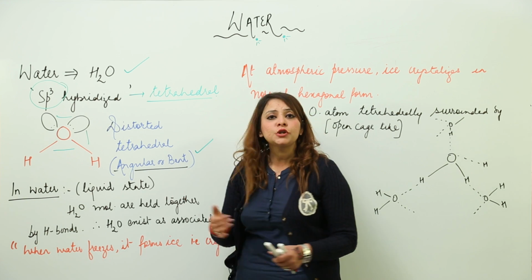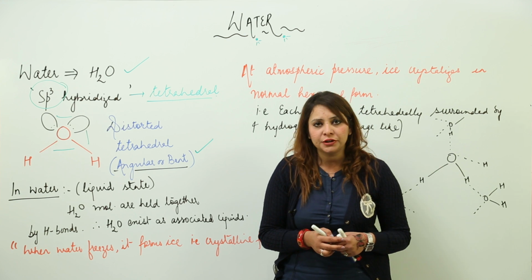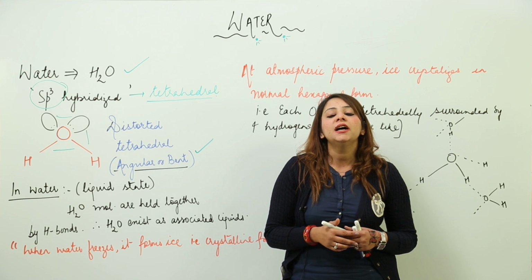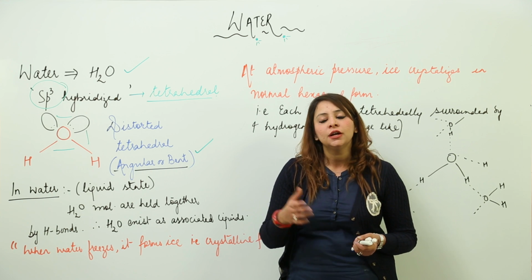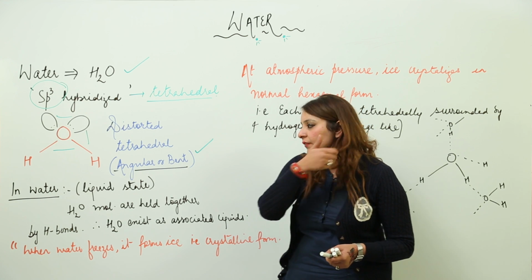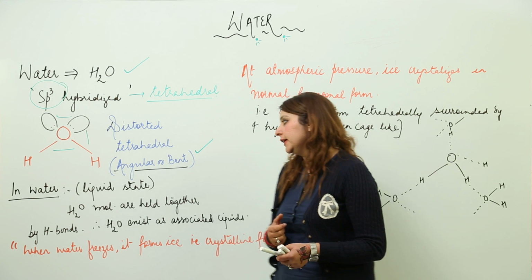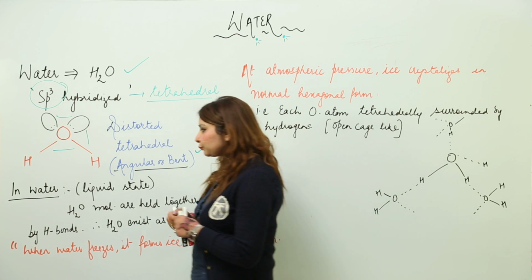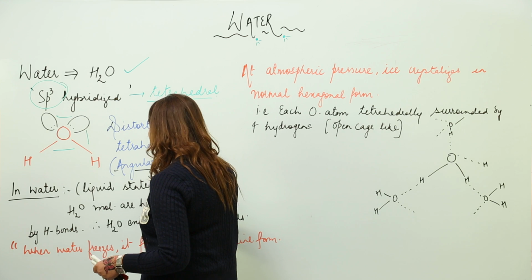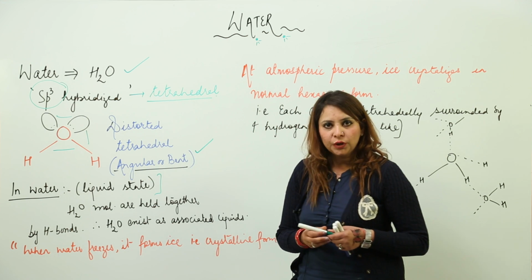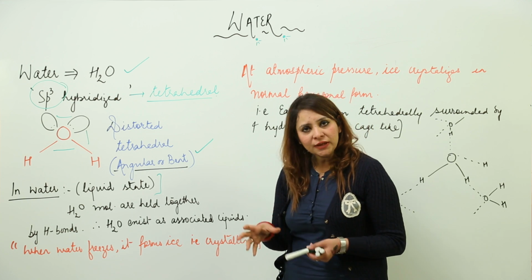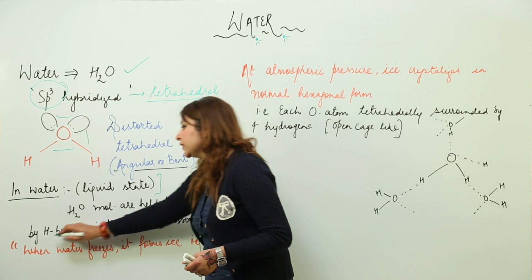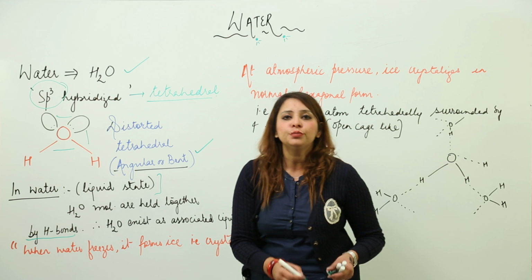So now we talk about hydrogen bonding in water and ice. As you all know, there exists a special type of bond, hydrogen bonding, which is seen in water and ice. We know that water is the liquid state of H2O, and in the liquid state the water molecules are held together by hydrogen bonds.